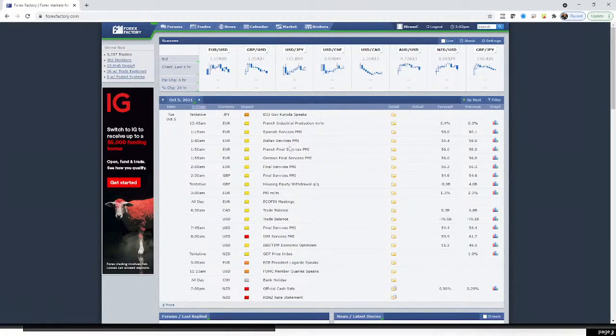And Tuesday, pretty light morning, 8 a.m. Mountain, ISM Service PMI. So that's coming out. And then we've got Lagarde speaks for the Euro, ECB president. And we've got Quarles speaking for FOMC, Federal Market Committee for the U.S. dollar. And then we've got RBNZ rate statement for New Zealand dollar, 7 p.m. Mountain, 9 p.m. Eastern.